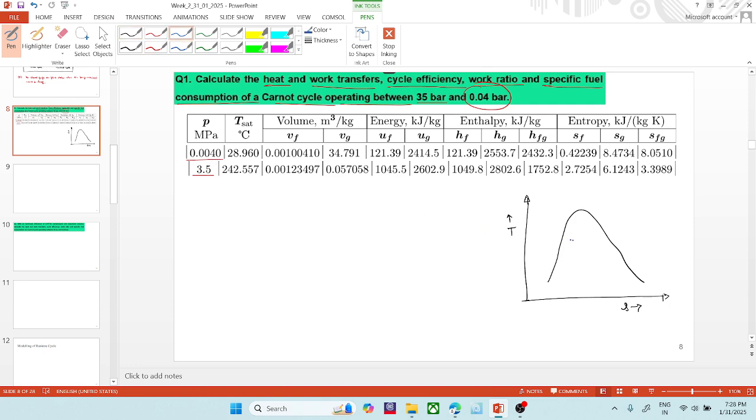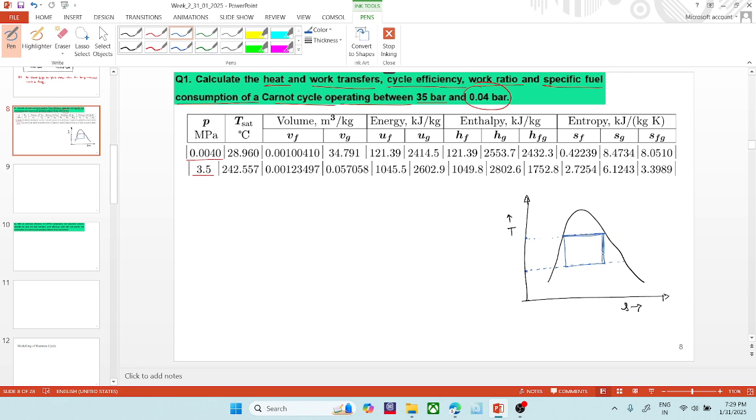Okay, then let me mark two pressures here. This is the higher pressure and this is the lower pressure, and I will write the saturation temperatures against these pressures here. So what is the Carnot cycle? The Carnot cycle has two isentropic and two isothermal processes.